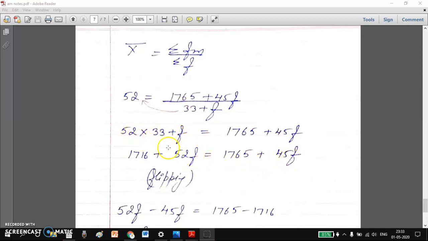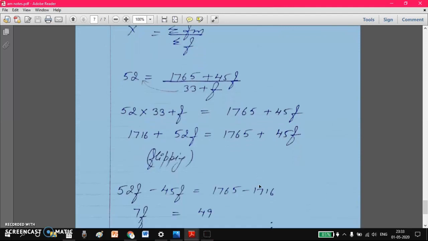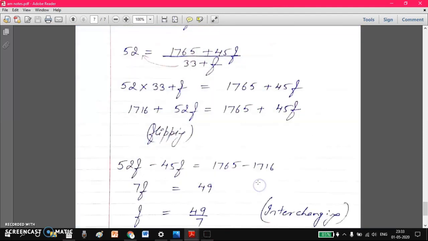Now the equation is equal on both sides. We'll flip it again. We'll collect both f's together, like 52 minus 45. As we have a plus sign here, when any term goes to the other side of the equal sign, it changes its sign, not its number, it changes its sign.